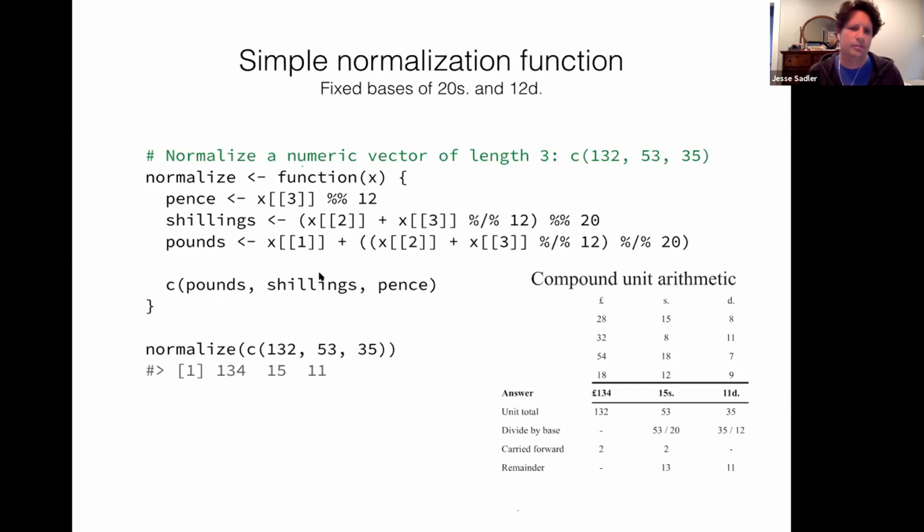Then we do pounds, shillings, and pence, put it in the right order, and now we can see that this gets us the number that we wanted. When we put in this unit total, we get the right answer. So we know that we can do something like this.